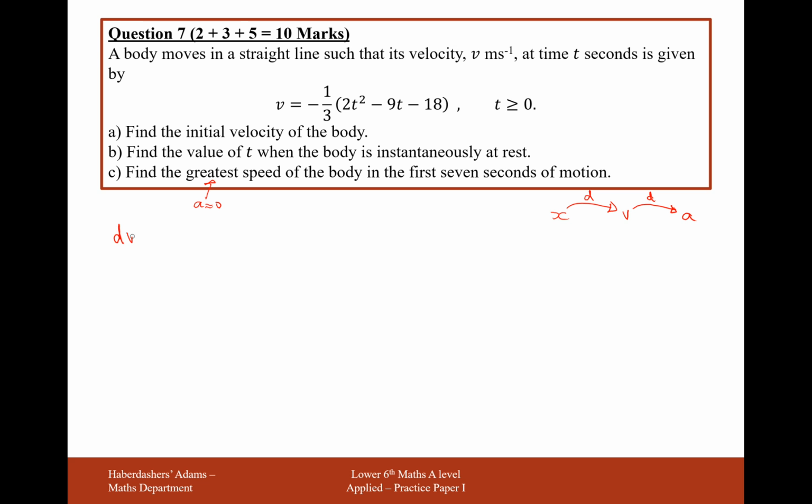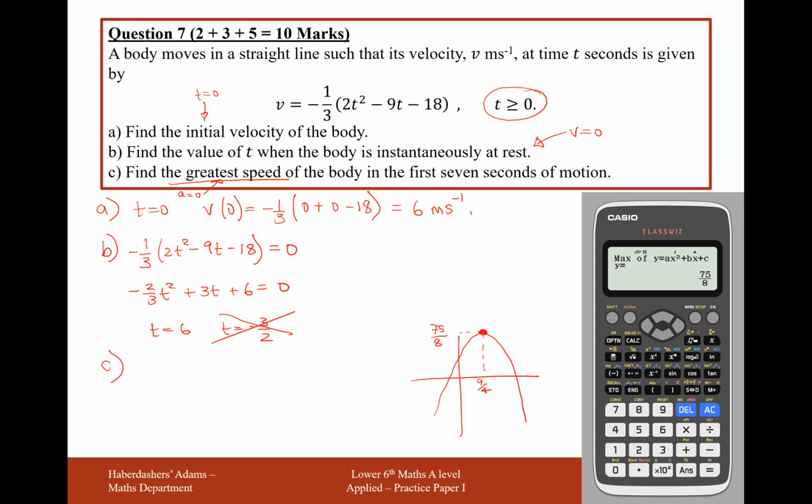So what we need to do in this question is do dv by dt to get acceleration, and the acceleration here is going to be minus 4t over 3, and this one, expand it and you're going to get 3t, so it's just going to be plus 3 equals 0. I hope this has made sense. I've jumped over this bit here. Greatest speed is when our particle has reached its maximum speed.